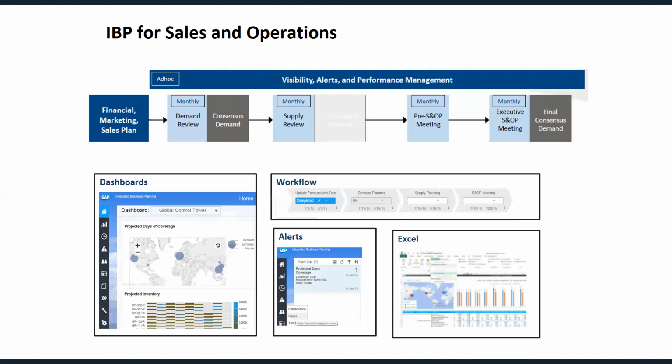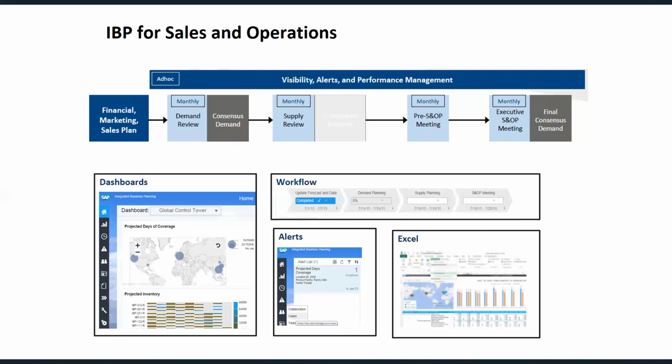Below on the slide, you see some of the screenshots of the tool of various sections. Like I said, it has an Excel interface. It has a web interface where you have capabilities around dashboarding and a lot of other applications. You can always see various alerts.